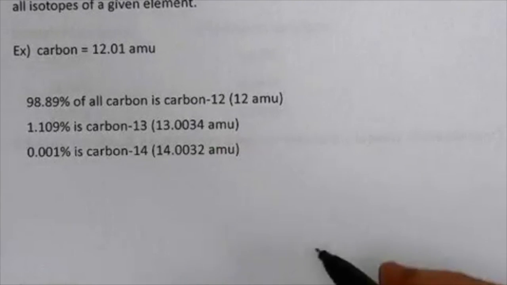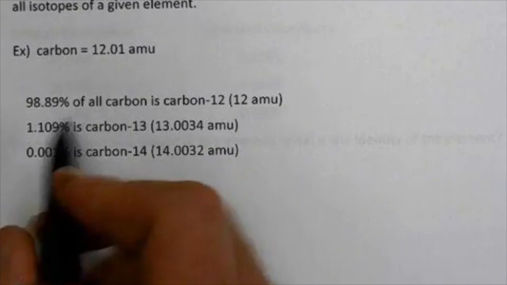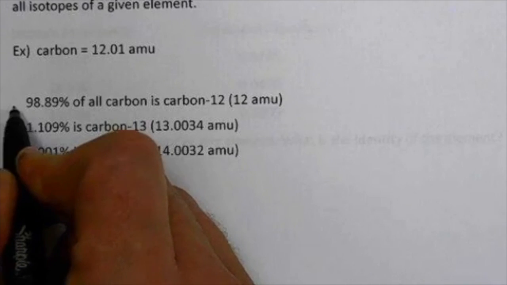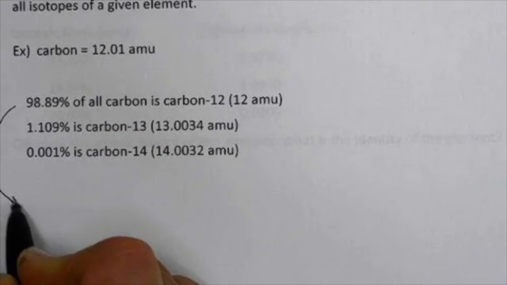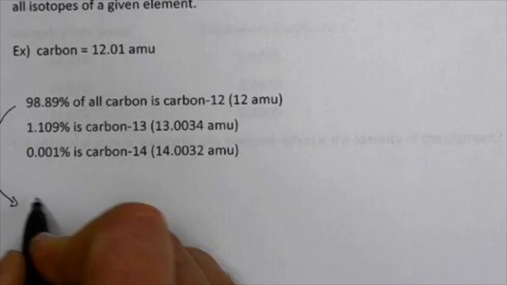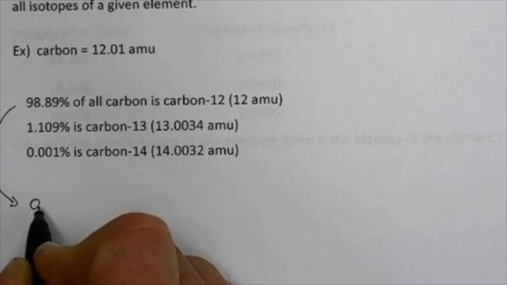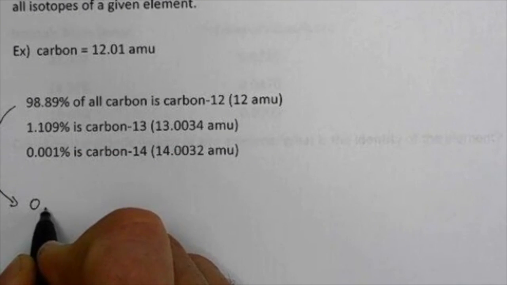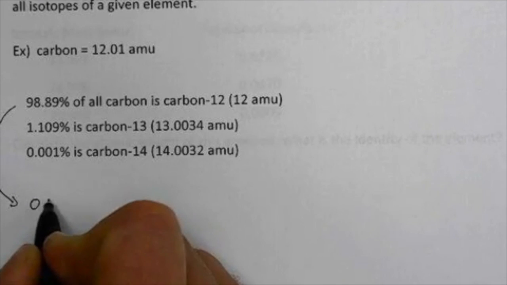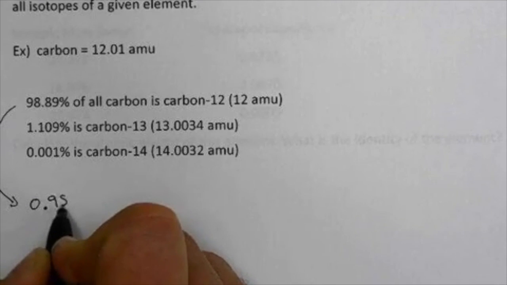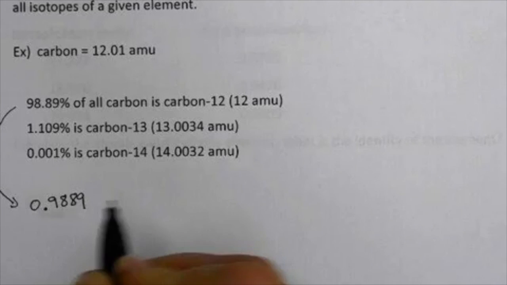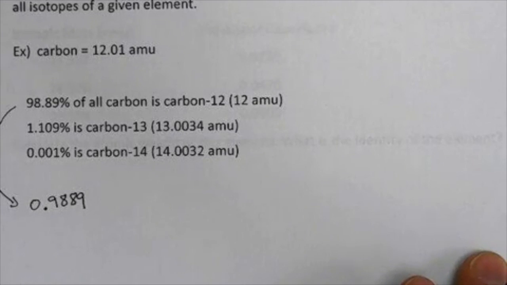So all we're going to do is take each of these numbers and write them as decimals. Each of these percentages, for example 98.89% written as a decimal, just means to divide it by 100, so it becomes 0.9889 instead of 98.89%.